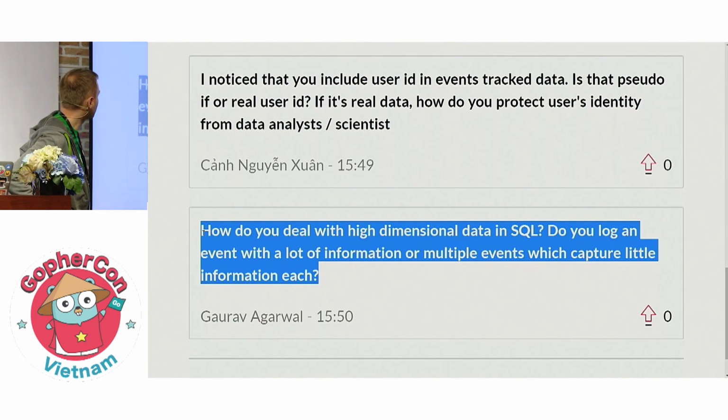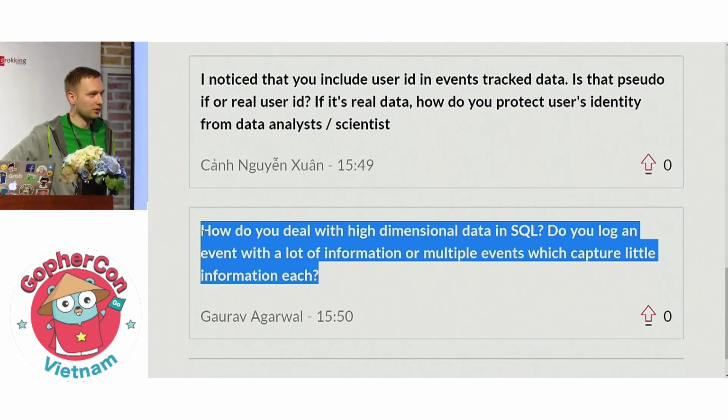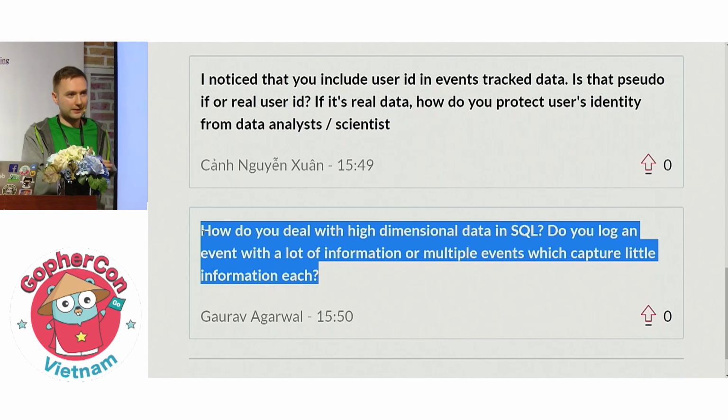How do you deal with high-dimensional data in SQL? Right. Two questions here actually. As I mentioned, we actually have a high-dimensional single event, and when it makes sense, we also unroll them into separate events.